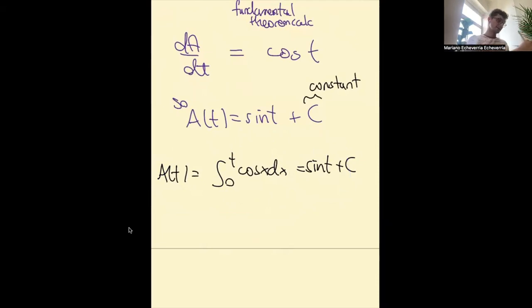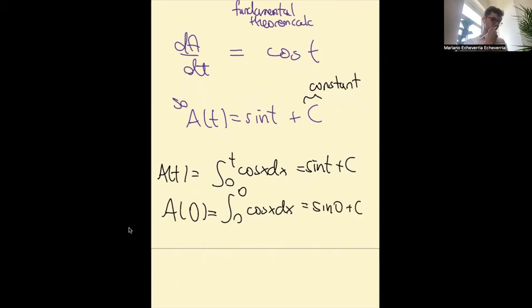Now what you can say, as before, is that A of 0, if you plug in 0 here, and again, for the same reason, because this is going from 0 to 0, this gives you 0, and then you get 0 plus c.